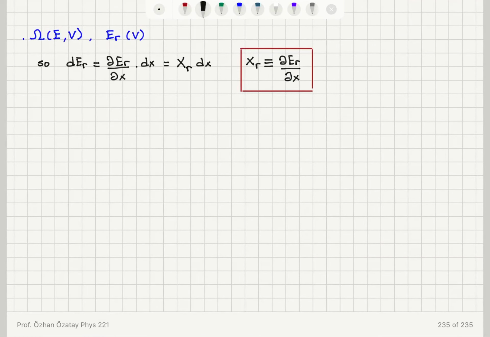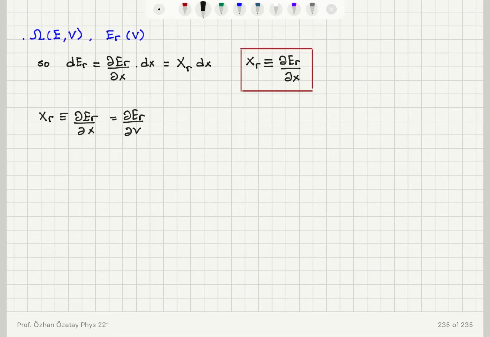So for our example, X sub r would be equal to the derivative of E sub r with respect to x, which is, in this case, because x is volume, what is the effect of changing the volume on the energy levels?